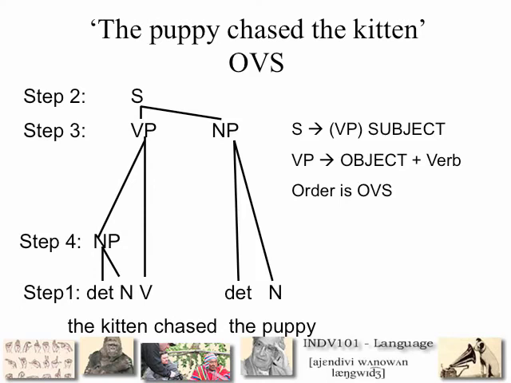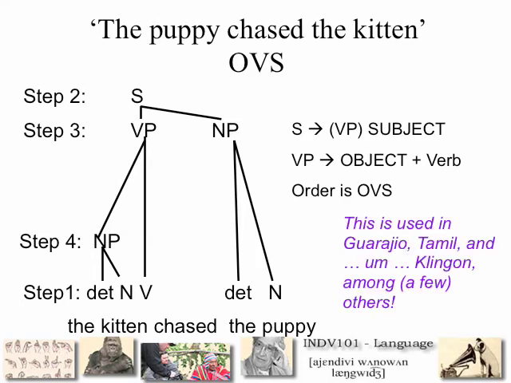But the structure looks similar, just flipped. It's the mirror image. This is a pretty rare word order, actually. Tamil and some others have this, and actually the constructed language Klingon used in Star Trek was invented using this word order deliberately. Because it's so rare, they thought it would make the language sound more alien.